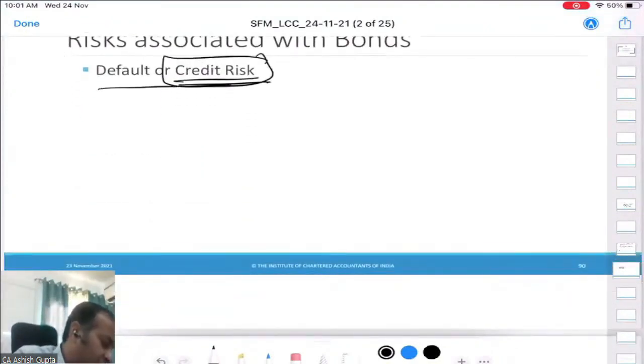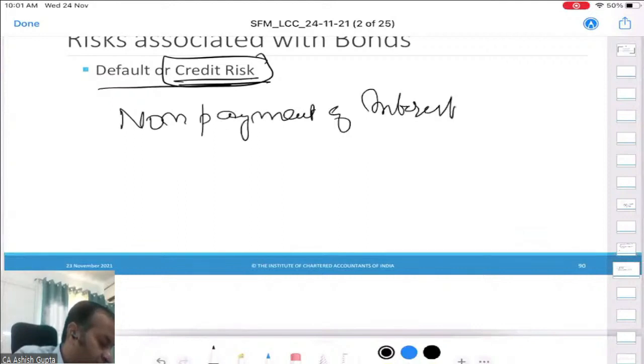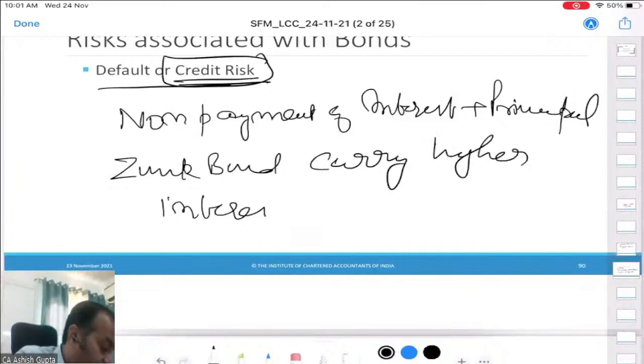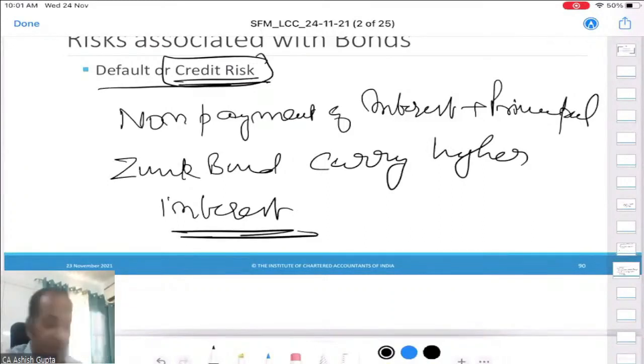This risk means non-payment of interest plus principal, and that's why the junk bonds carry a higher interest rate that I have discussed with you, because there is a risk of default.